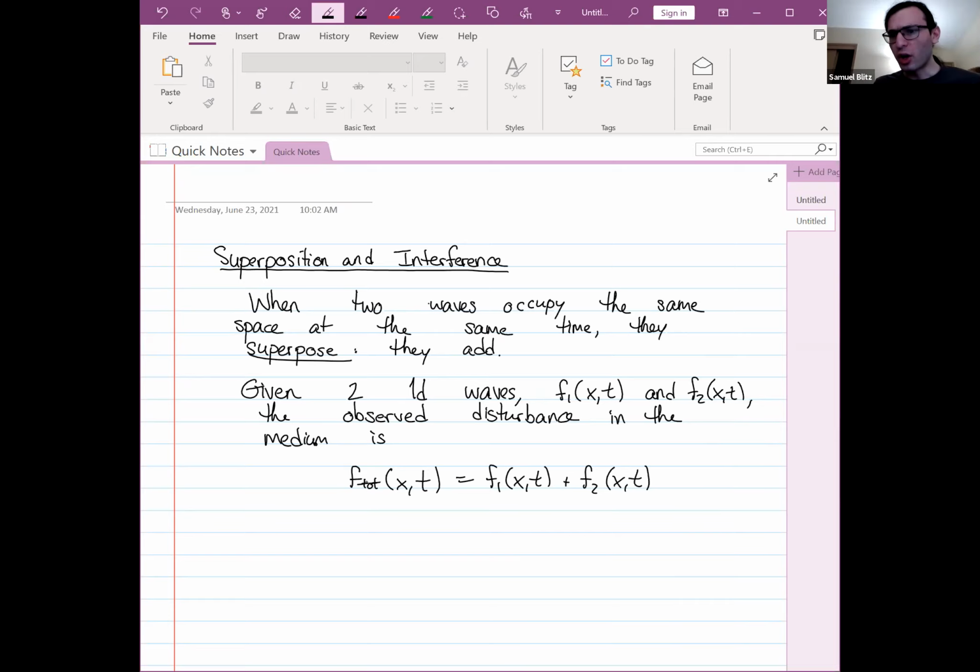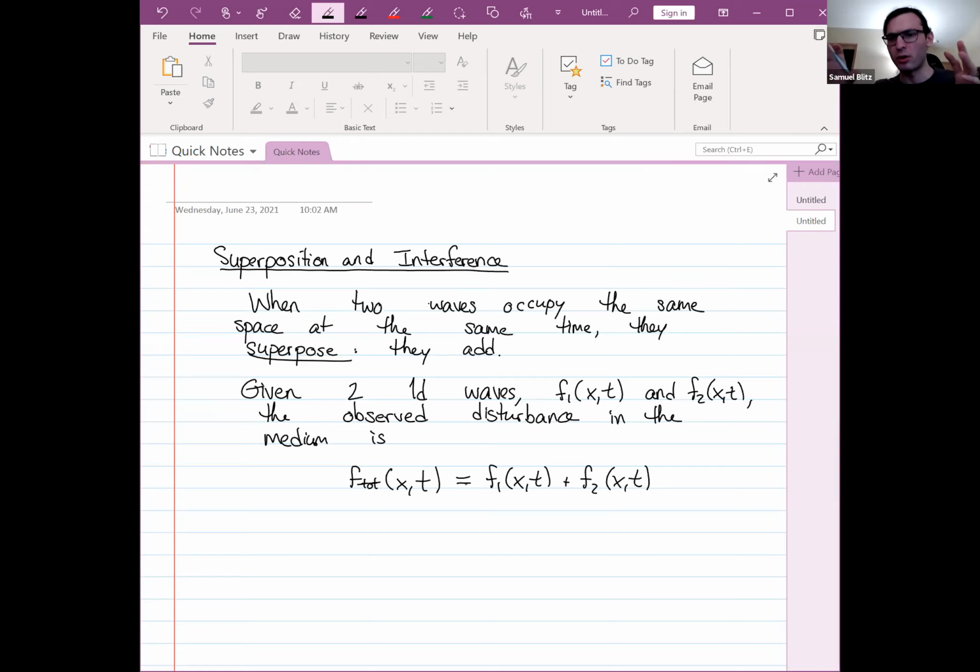On the homework assignment that I'm going to put out today, one of the questions will be to show that the superposed wave, the total wave function, also satisfies a wave equation, and thus is a wave, even though it comes from adding together two otherwise unrelated waves.